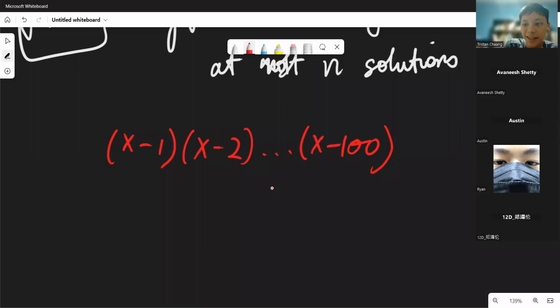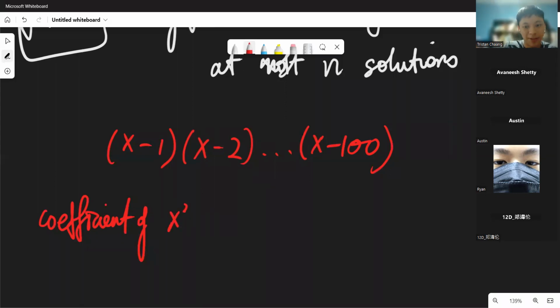Now, the coefficient of x squared is very, very troublesome to calculate, right?